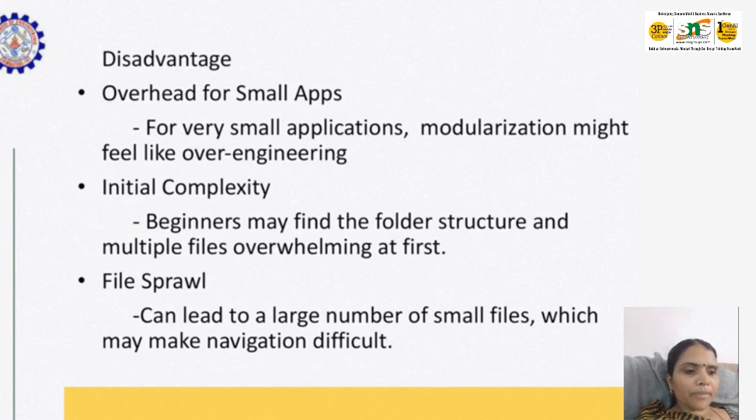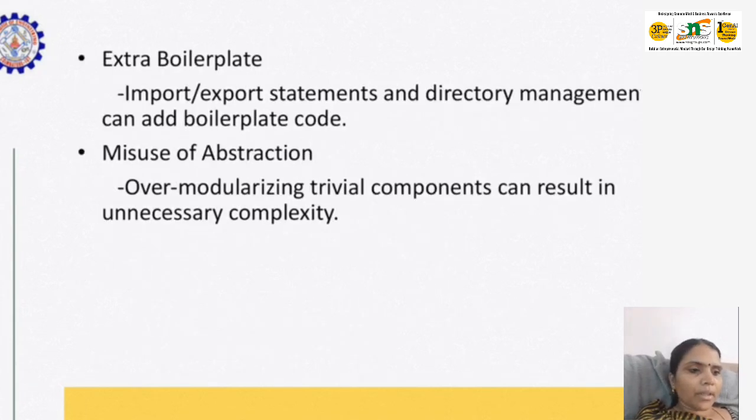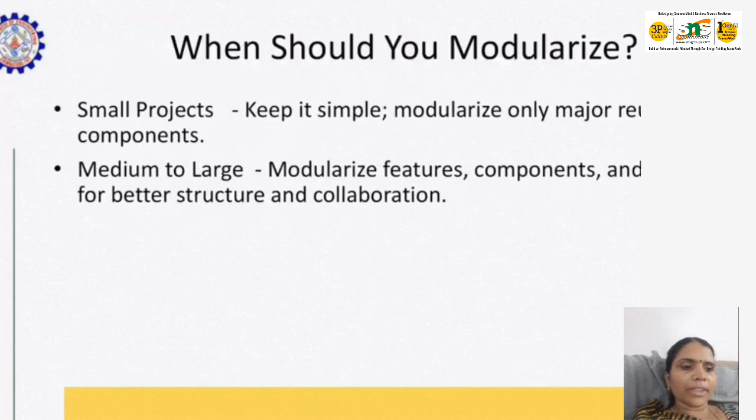File sprawl can lead to a large number of small files, which may make navigation difficult. Extra boilerplate: import or export statements and directory management can add boilerplate code. Misuse of abstraction: over-modularizing trivial components can result in unnecessary complexity.